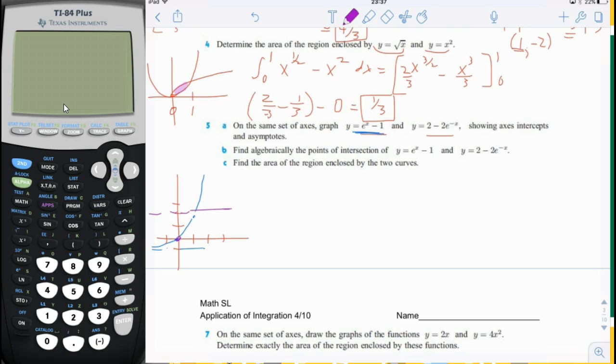So it would be 2 minus 5.4, which would be like negative 3.54. Wow. It'd be about here. Okay, and then it would kind of go like that, I think.